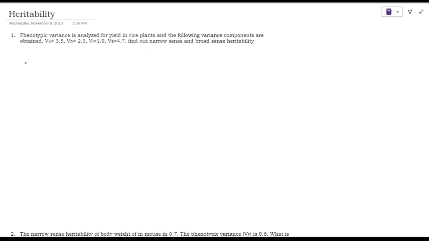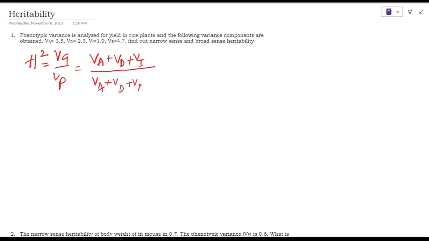You already know the formula, right? Capital H square is equal to Vg by Vp, and you already know what Vg means. It's the cumulative effect of additive gene variation plus dominant gene variation plus genic interaction variation. And you already know Vp, that means Va plus Vd plus Vi plus Ve.